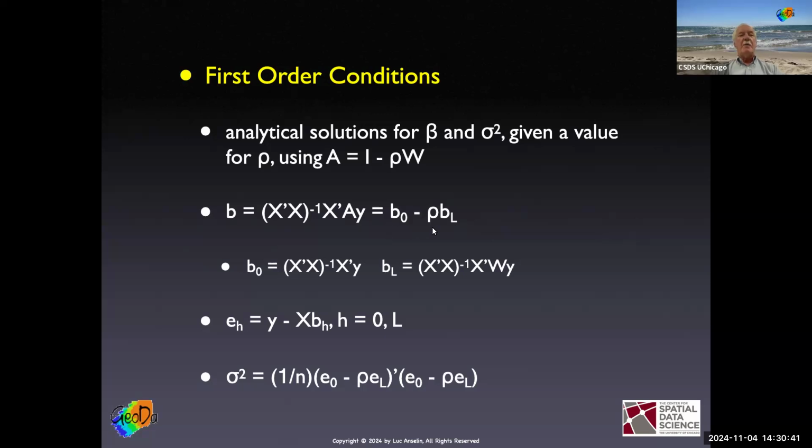So the true parameter is a function of rho, but these two parts, they're not functions of rho. So you just compute them, and then you substitute the whole thing in the likelihood. Same about the residuals. You can compute them ahead of time, and they're a function of rho, the real ones.